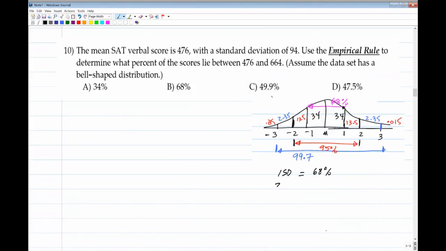Two standard deviations will be 95%, and 3 standard deviations will be 99.7%.